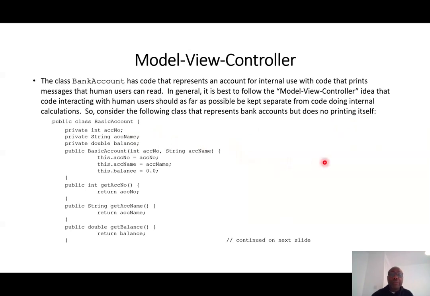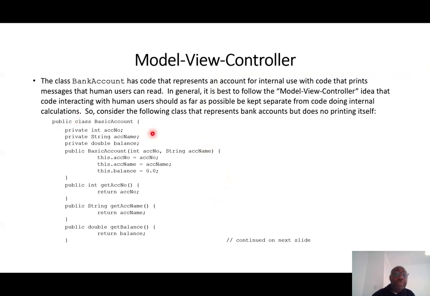So consider the following classes to represent a bank account that does not print itself. The printing part will be the view. The model will be the calculation. The controller will be the one that links the calculation and the view to provide an interface and output.